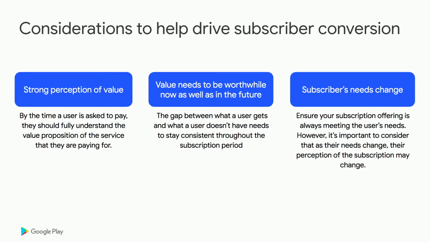Now, retaining existing subscribers can be very difficult, and that's because subscriber churn is usually related to two things. It's related to a user's needs and when a user's perception of value is changing. So if you think about a dating app, at the time that I'm using it, I really have a need for matches because I want to find love and I want to find a potential partner.